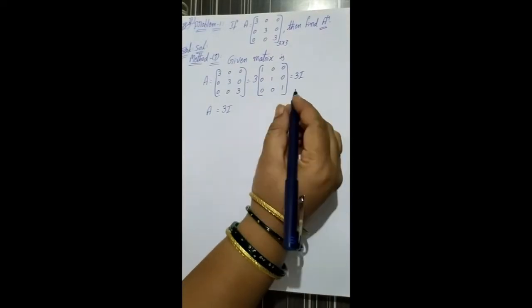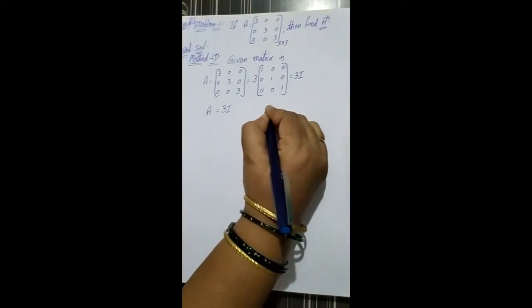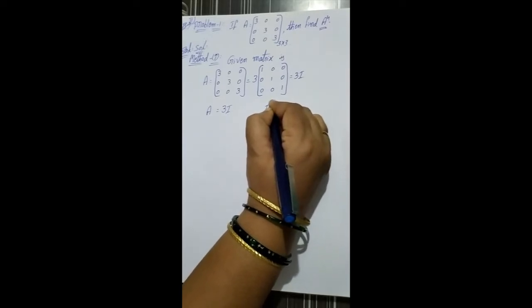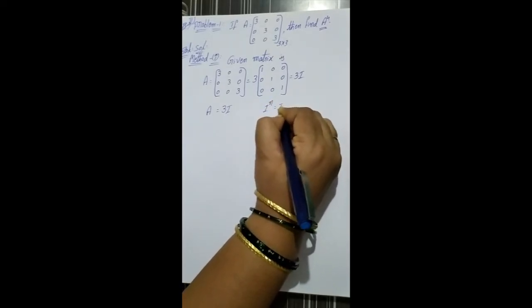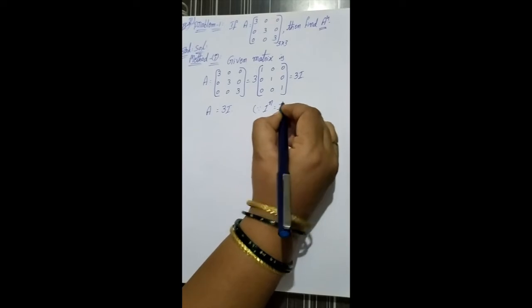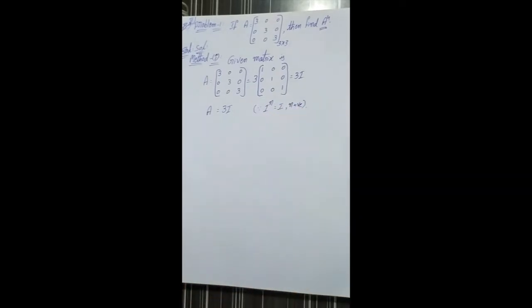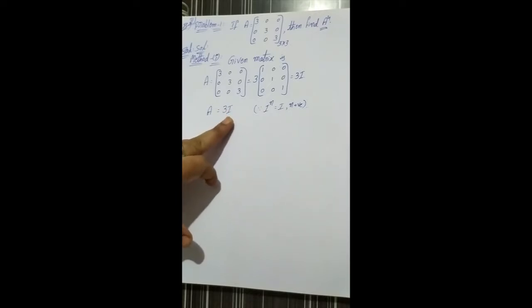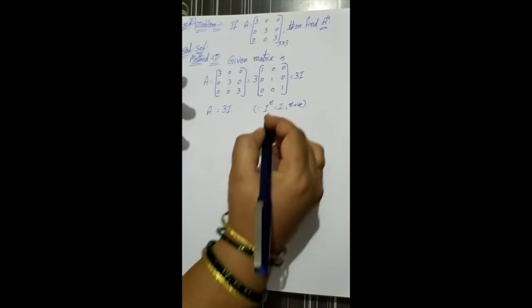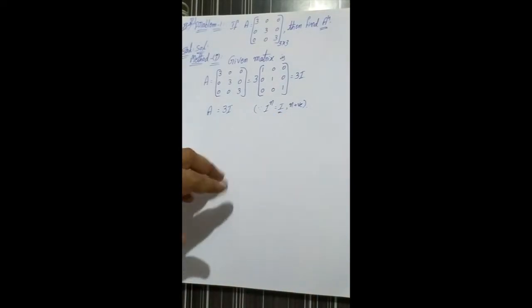Already we know one condition is that I power n equal to I, where n is a positive integer. That means we can multiply the unit element with the same unit element any number of times and we get the same unit element.